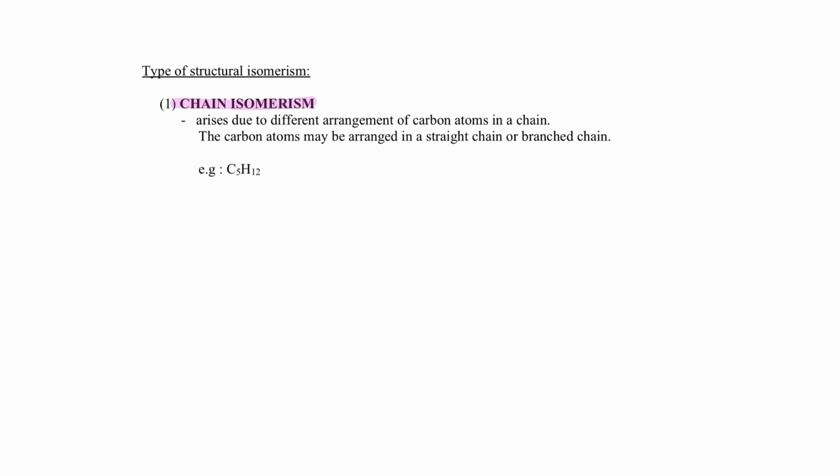Chain isomers are isomers with different structural formula, where the structure will have a different arrangement of carbon atoms in the chain. So basically, the length of the carbon chain is different in each of them. Let's take C5H12 as an example.